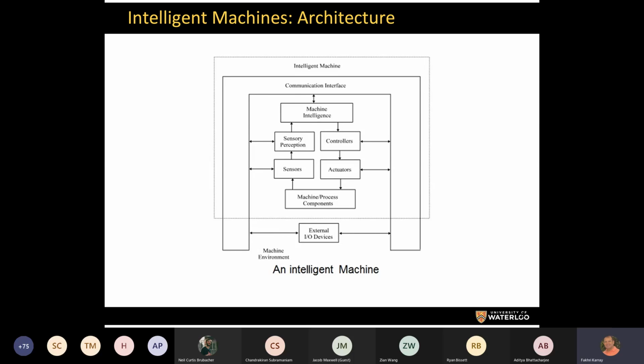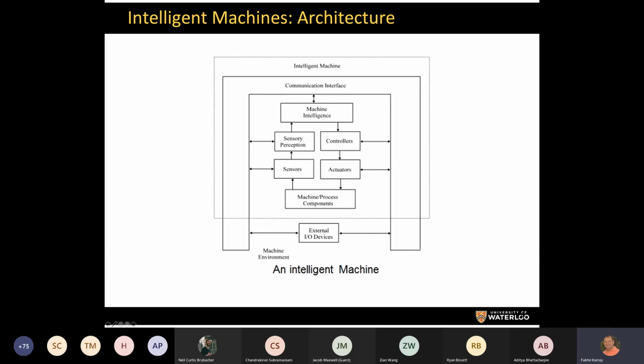And as you can see, there is the communication interface. The communication interface is part of the architecture of this intelligent machine system. It is an artificial interface where, at every instant of time, data is exchanged through a pipeline circulating between the various components.